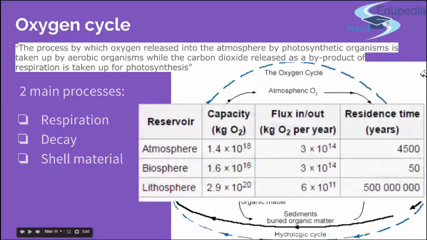This is the table representing the reservoir capacity and so on. Flux means flow, and the residence time is the time that a specific form of oxygen stays within a certain sphere, such as the atmosphere or biosphere.